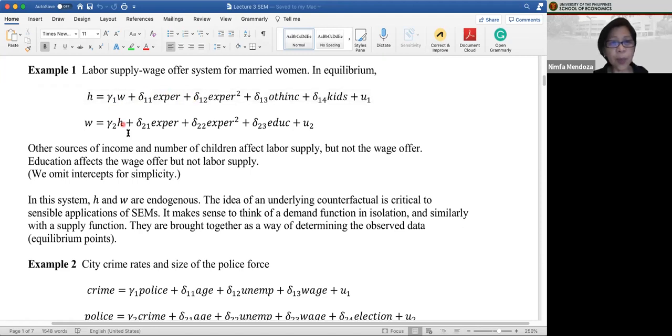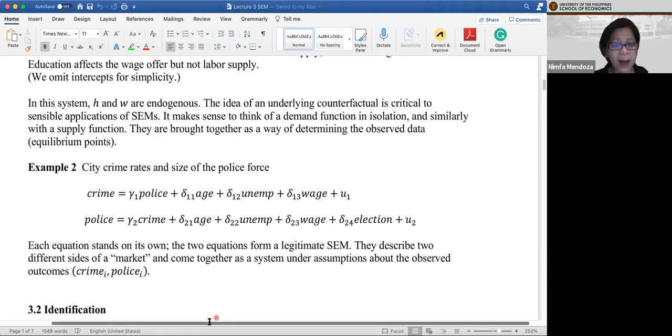So these two equations are brought together as a way of determining the observed data or equilibrium points. So these H and W are actually equilibrium points already. Okay. So you have assumed already the equilibrium of supply and demand.